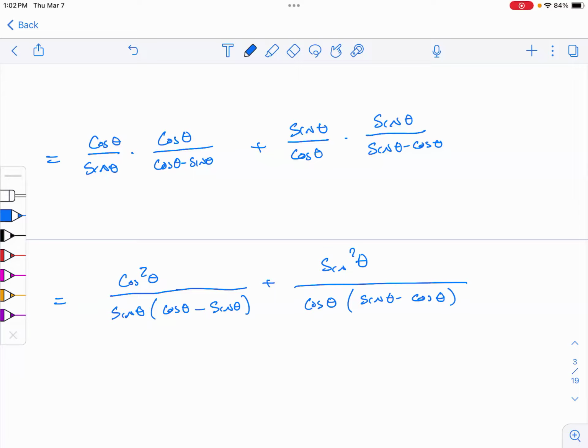Okay, so we're back down to a single fraction again, and it looks good.